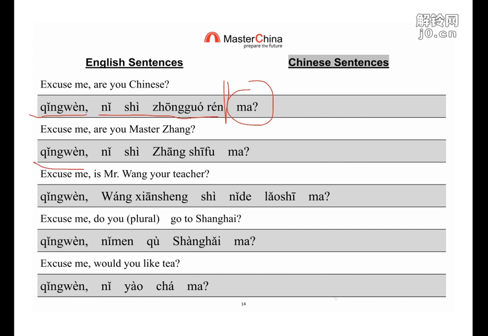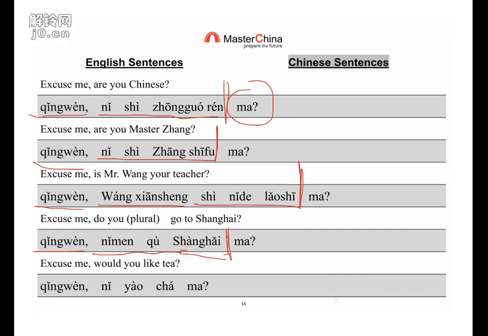So the statement here, 你是张师傅吗? 你是张师傅 is the statement, right? 请问 So Mr. Wang, 王先生是你的老师吗? Statement and 吗. 请问你们去上海吗? So without ma, that's clearly a statement, a positive statement.